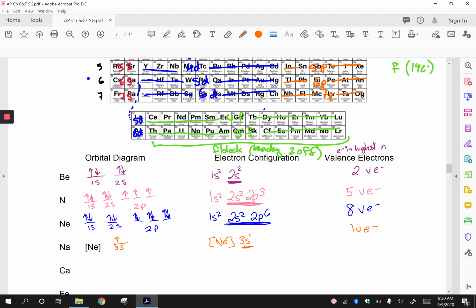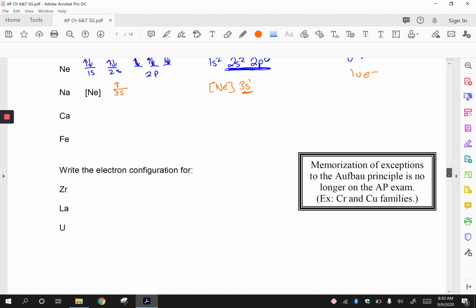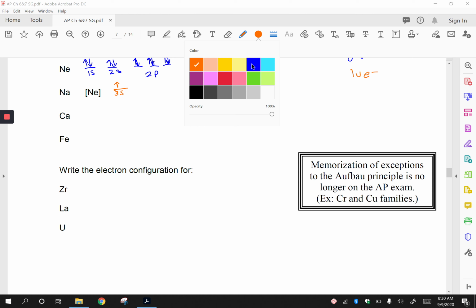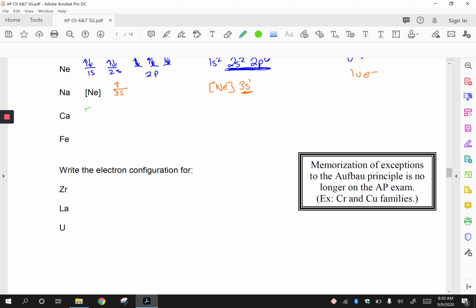Okay. In your notes, you have your periodic table, so I'm not going to be going back and forth. Just look at your periodic table there. So calcium, we're going to do the noble gas shortcut for it. The noble gas that comes before calcium is argon.